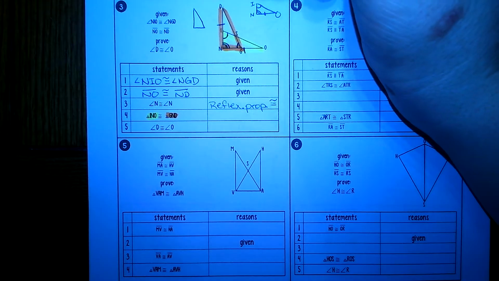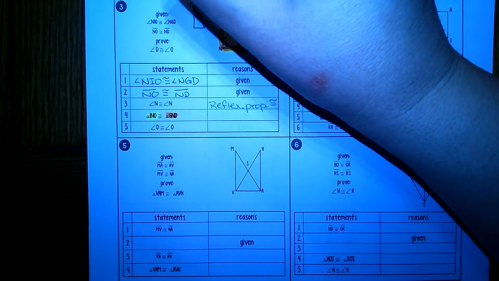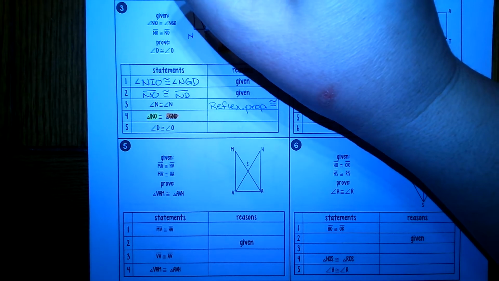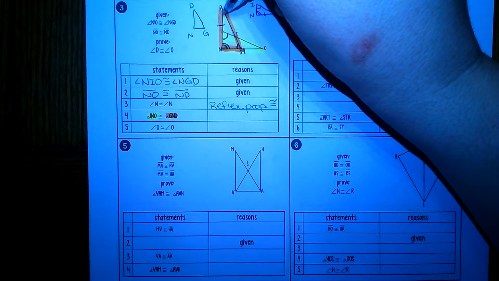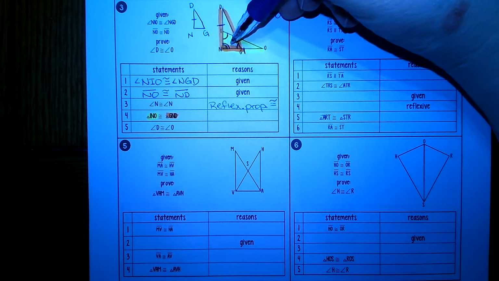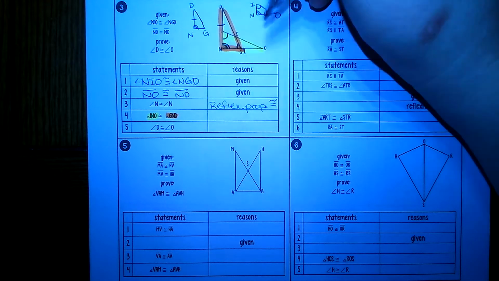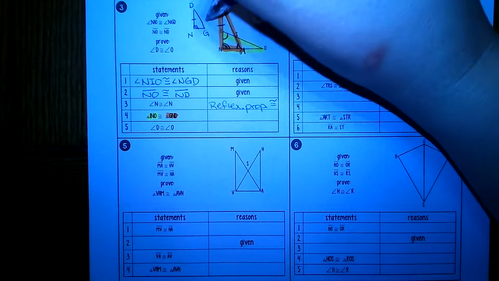Sometimes the overlap just kind of confuses the picture. So this is triangle DNG. We've got side DN has a congruent mark. Angle N has a double congruent mark. And angle G has a single congruent mark.